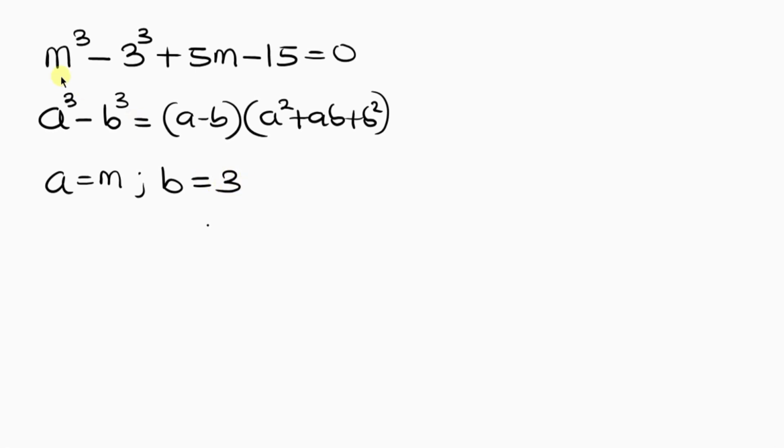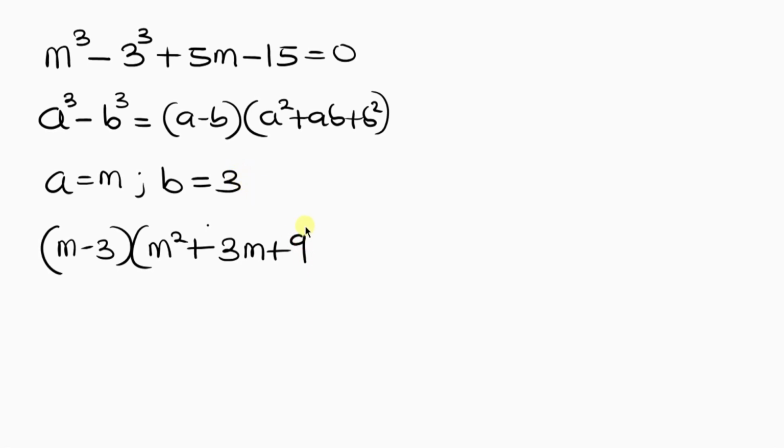So writing this in this form, we have a minus b, which is m minus 3. So m minus 3 times a squared, that's m squared, plus a times b, that is m times 3, which gives 3m, and then plus b squared, that's 3 squared. 3 squared is 9, so I'm going to be putting 9 here.